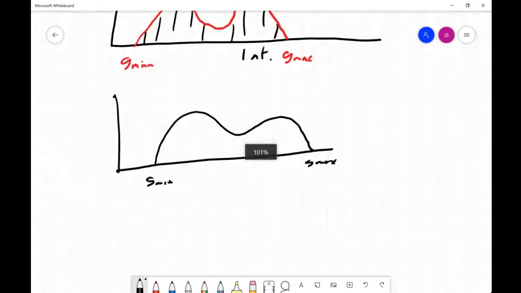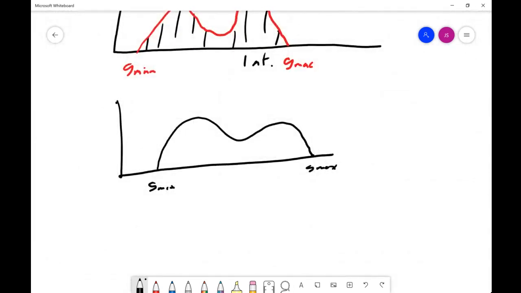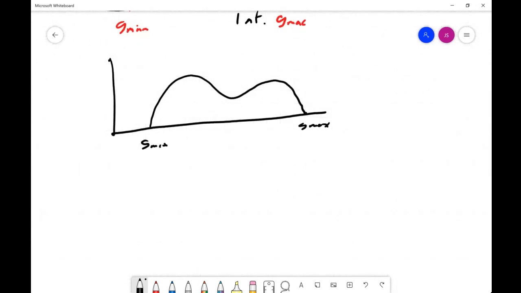Now what I want to do is enhance the lower half of the histogram and the upper half of the histogram so that the equalized histogram has equal populations of intensities across the whole intensity range.